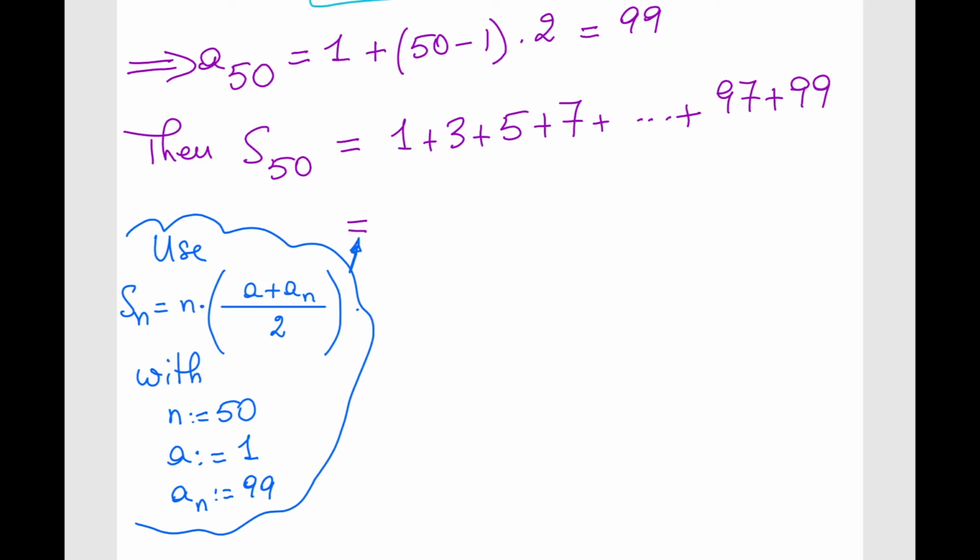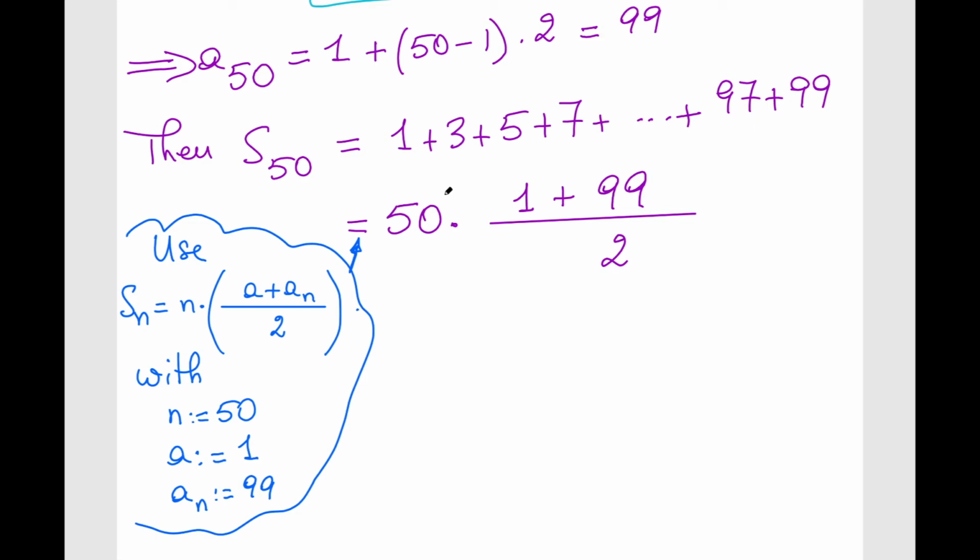Now what do I get? So I get n, which is 50, times the average between two numbers. The first is the first term of the sequence, which is 1, plus the 50th term of the sequence in this case, which is 99.